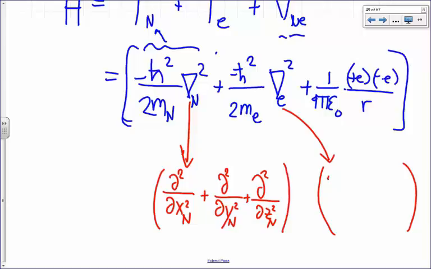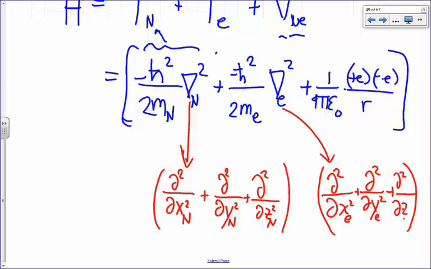Second derivative with respect to x squared, the x coordinate of the electron, plus the second derivative with respect to y squared, the y coordinate of the electron, plus the second derivative with respect to z squared, z sub e, the z coordinate of the electron.